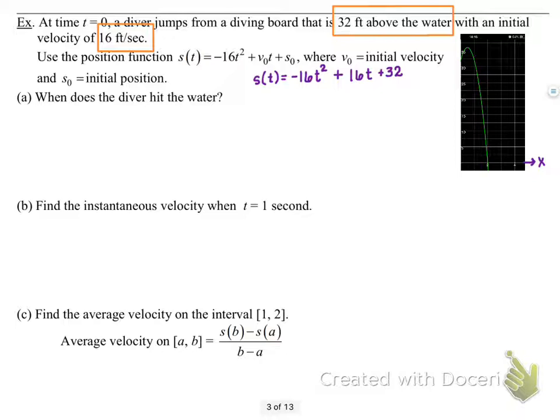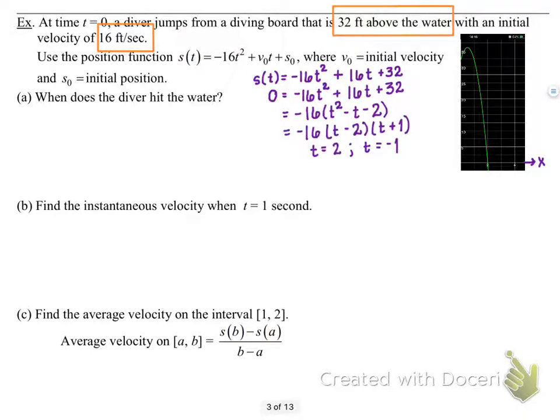So we want to know when it hits the water. If we look at that graph, we see that it hits the water when y is 0 and x is 2, but you actually have to do the math because this is math class. So we factor and we solve, and we get that the diver hits the water at t equals 2 seconds, or at t equals negative 1 seconds.